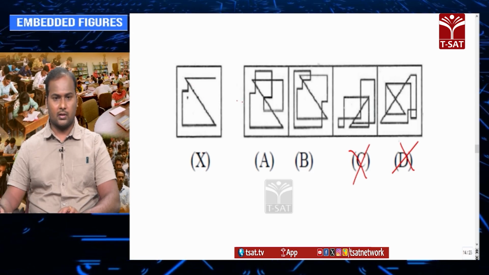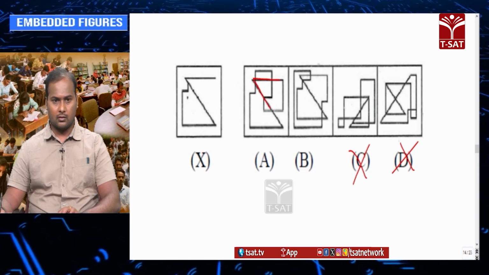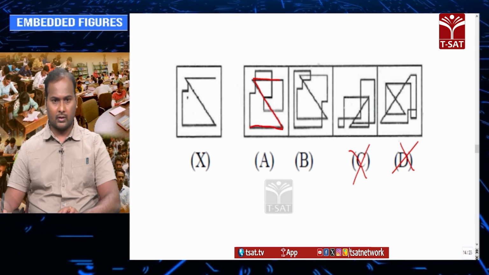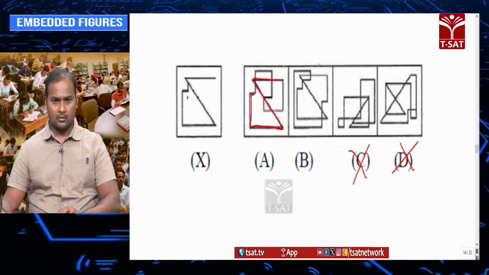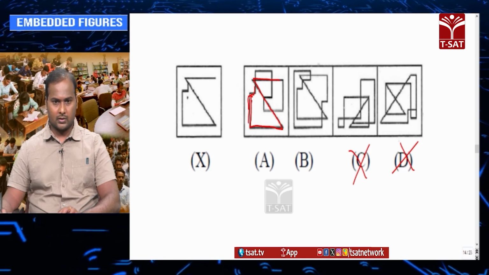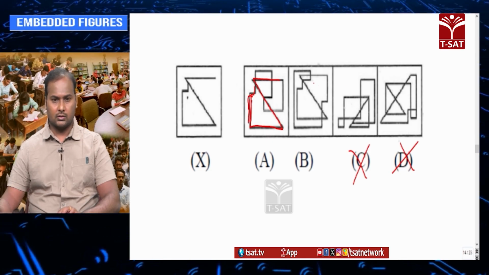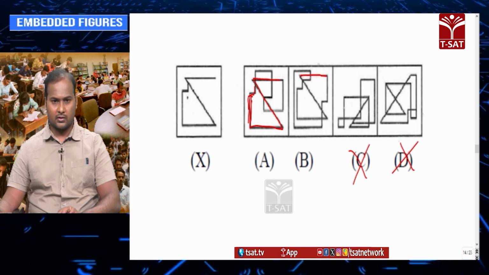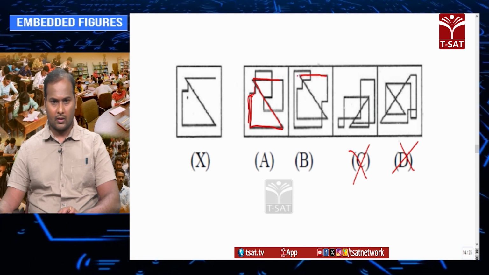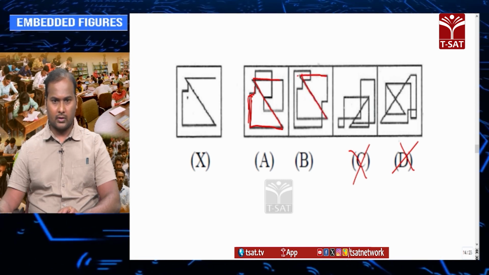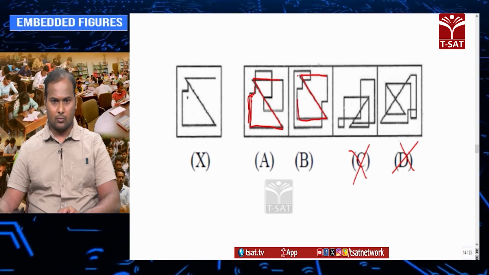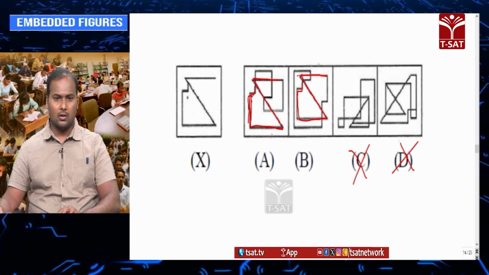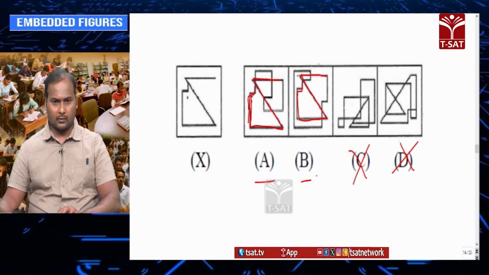In option A, this angle till here, then followed by here, and then this one could be the answer. In option B also, it is somewhat possible. So, let us try to check here. This is one line, again it is moving back, moving here, again coming back, moving to the top.